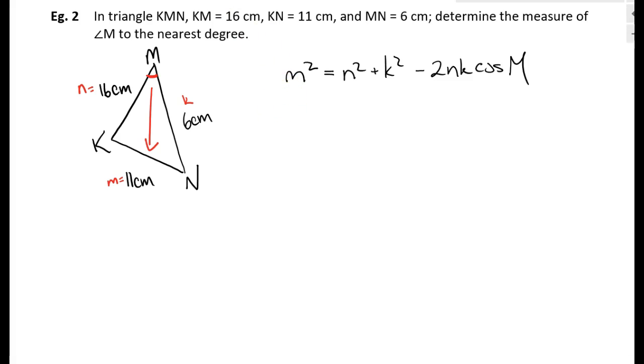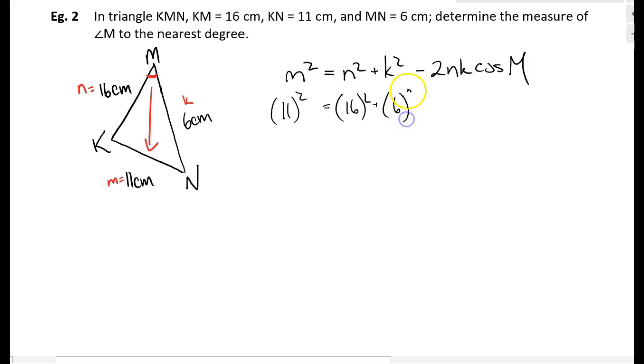So I'm going to start substituting right now. I've got 11 squared for side M equals 16 squared plus 6 squared minus 2 times 16 times 6 cosine of M. Now remember, all of this is all attached.